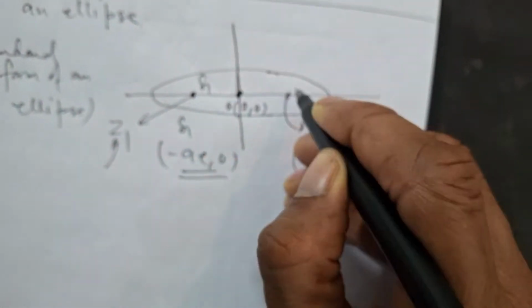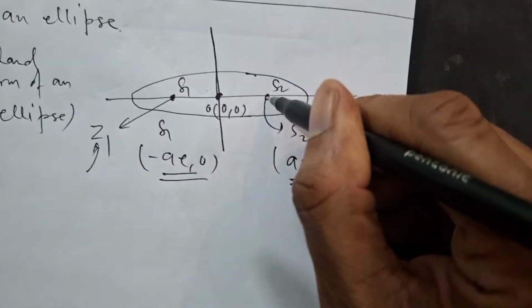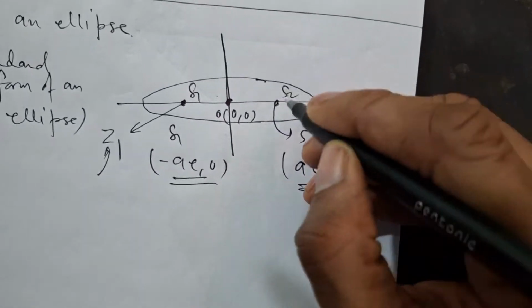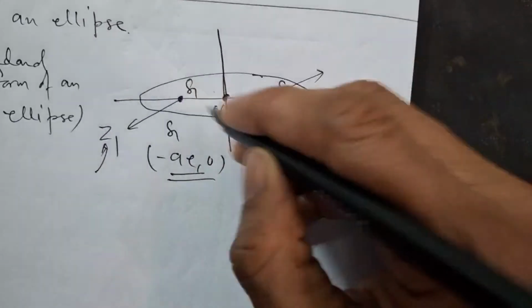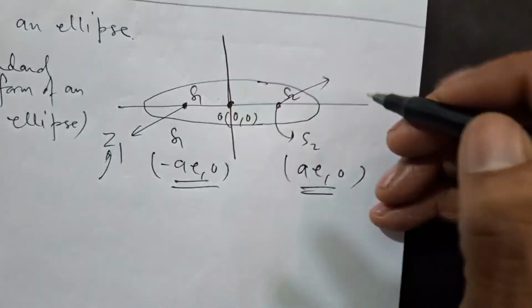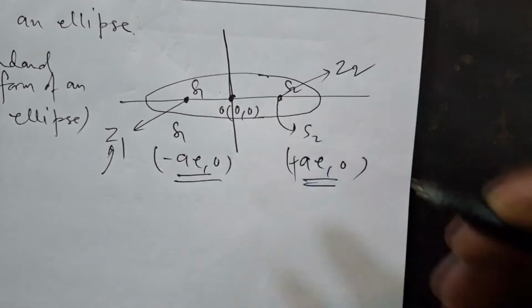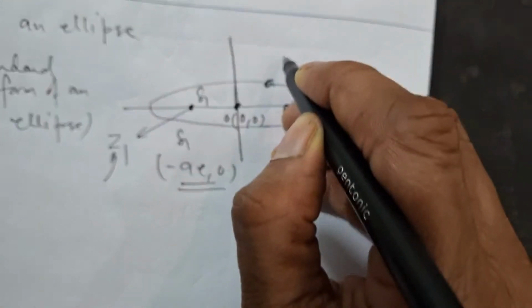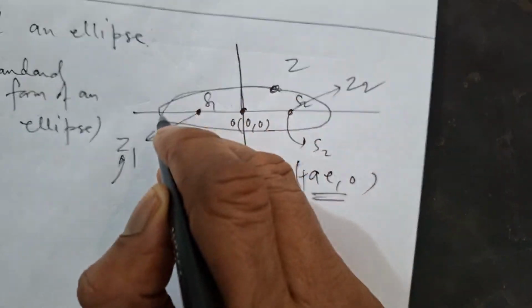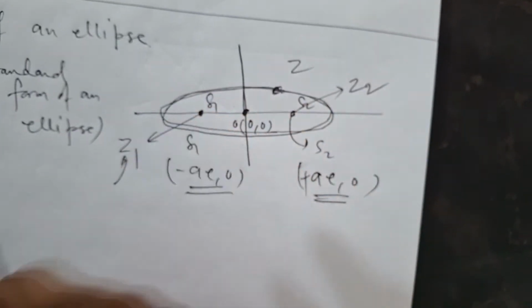Write S1 and write S2. This is the other focus. Two foci are present in an ellipse. So this is plus ae, please write Z2. And take Z any point on the circumference of the ellipse.